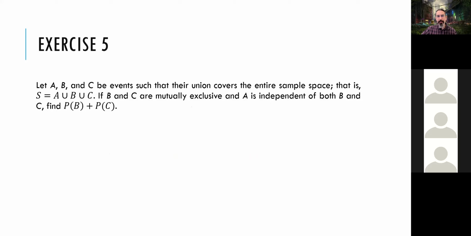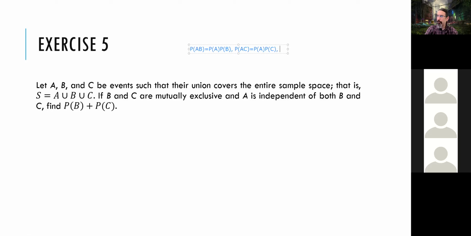And A is independent of both B and C. We have seen the formula. This means that the probability of AB is equal to probability of A times probability of B. And also A is independent of C, so we also know that probability of AC is equal to probability of A times probability of C. Those 2 will hold as well.